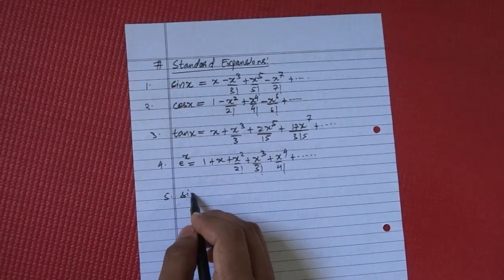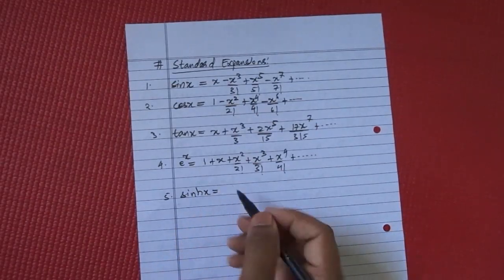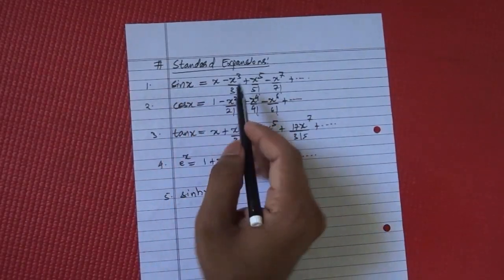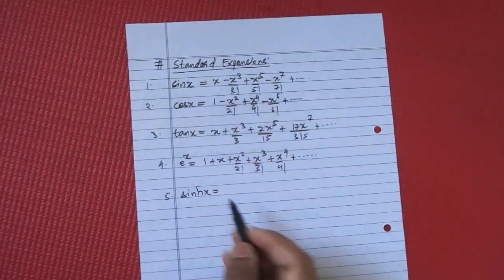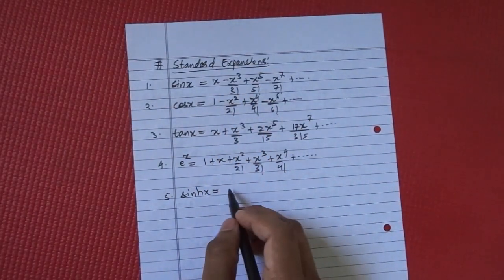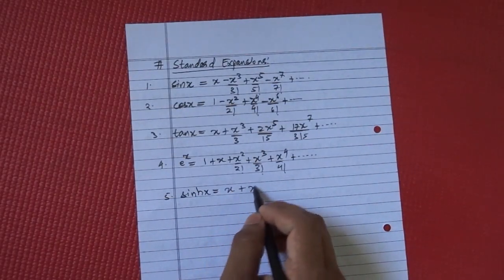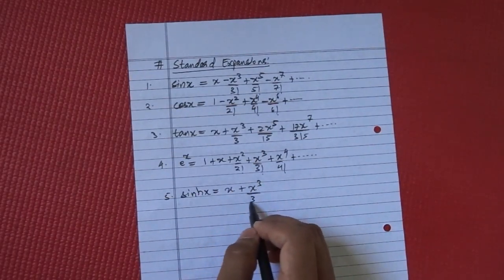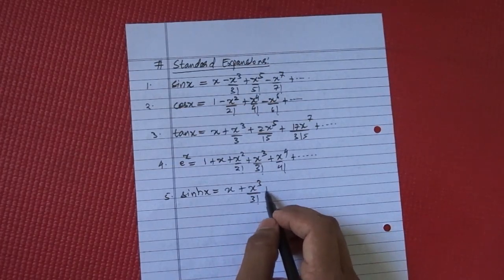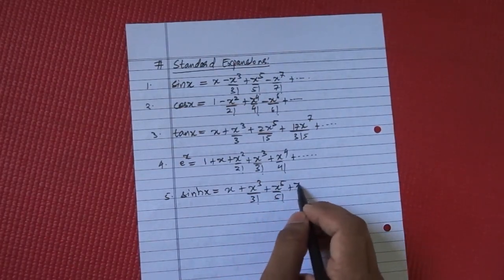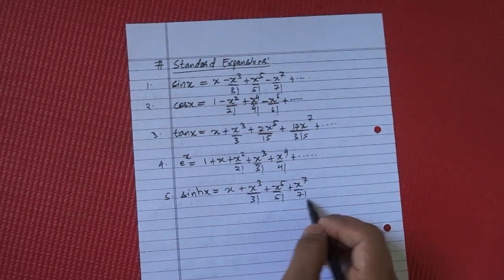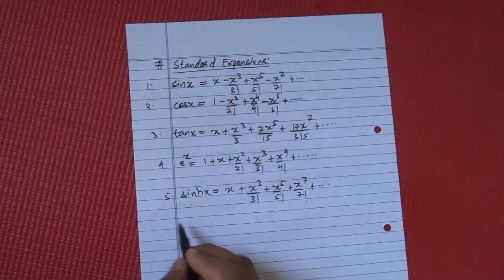Fifth is sine hyperbolic x. It's similar to sine, but we do not need alternate signs in the sine hyperbolic series. So this will be x plus x raised to 3 upon 3 factorial plus x raised to 5 upon 5 factorial, x raised to 7 upon 7 factorial up to infinity.